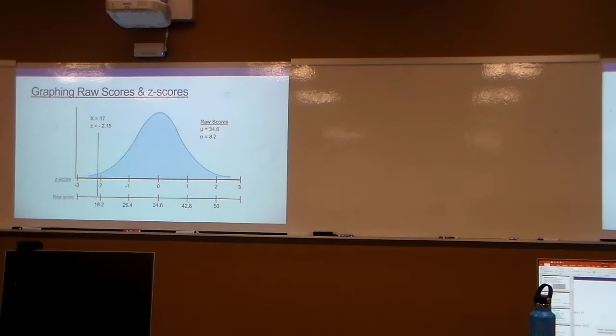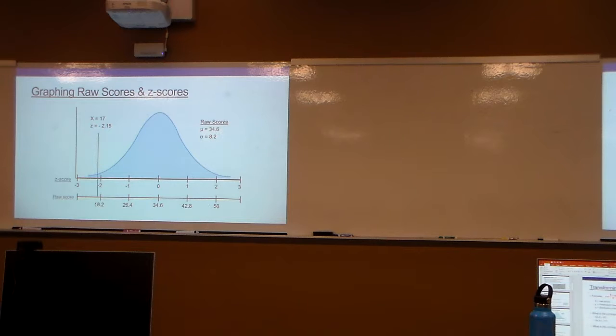So, graphing z-scores, again with your problem set 2, I'm going to have you doing some of this. Again, it's easy to try and run these in your head, and a lot of times you can, but sometimes as the numbers start changing around, it can start to get hard. Again, this is a big plausibility check. All right, here's my normal distribution. Here's my z-score, 0, 1, 2, 3. Here's my raw scores, so where does this all fall, right?